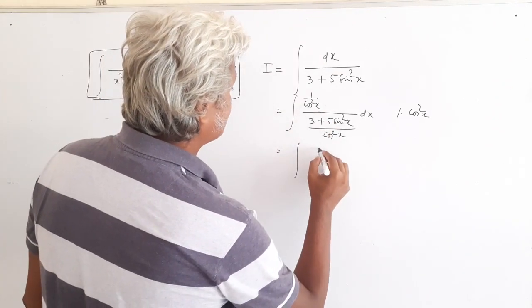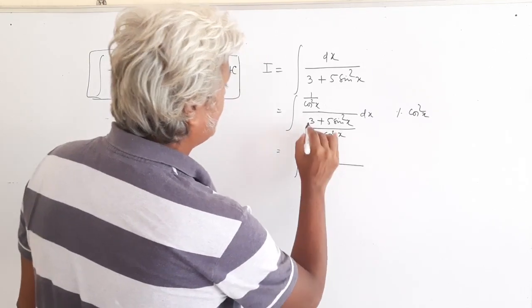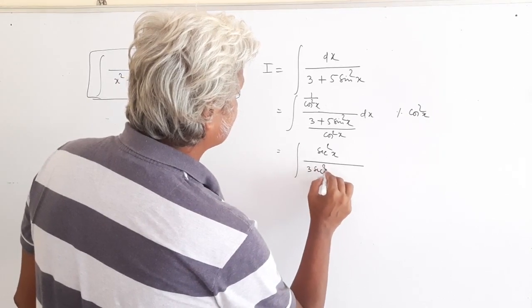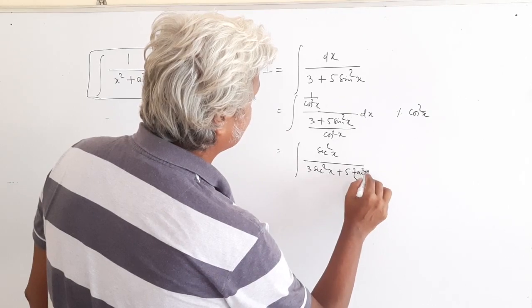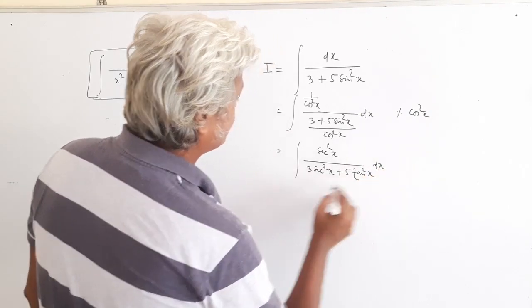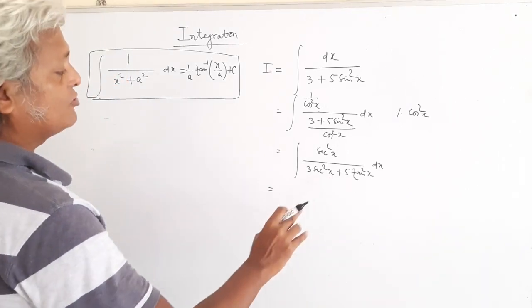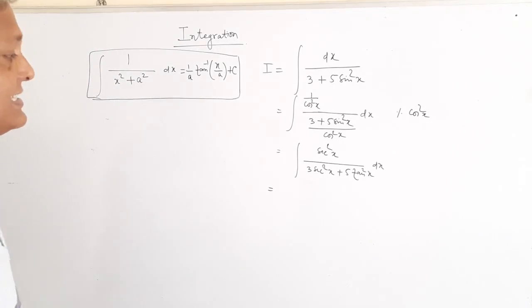So 1 by cos square x is sec square x, upon 3 over cos square x, which becomes 3 sec square x plus 5 tan square x, dx. Now we need to convert this sec square x into tan square x because we want the denominator only to be a function of tan x.